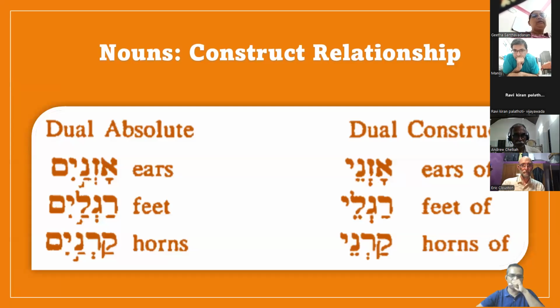So oznayim has become ozney. Raglayim has become ragley. Karnayim has become karney. You don't see any changes here. Why? Because of the dual ending.